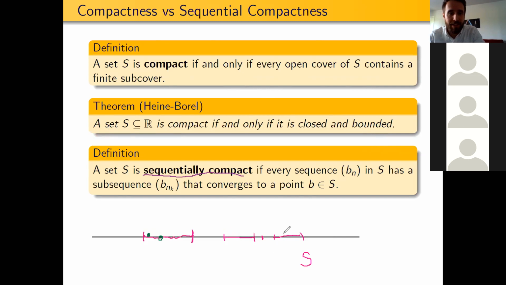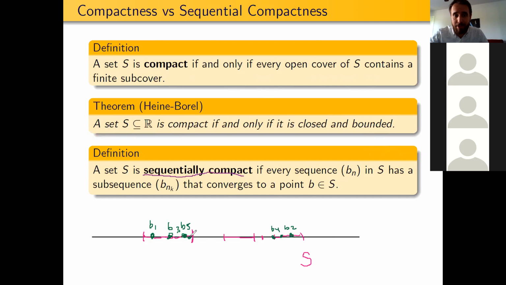In an extreme example, let's say that I'm creating my sequence B sub n so that B sub 1 is all the way over here, maybe B sub 2 is all the way over here, B sub 3, B sub 4, B sub 5, and so on and so on.